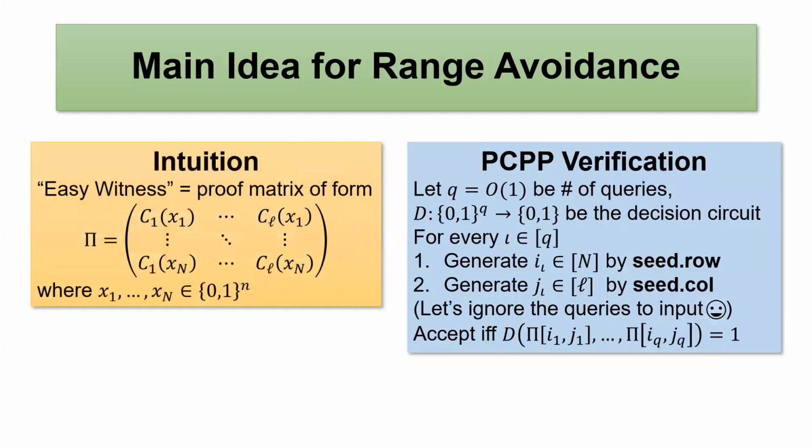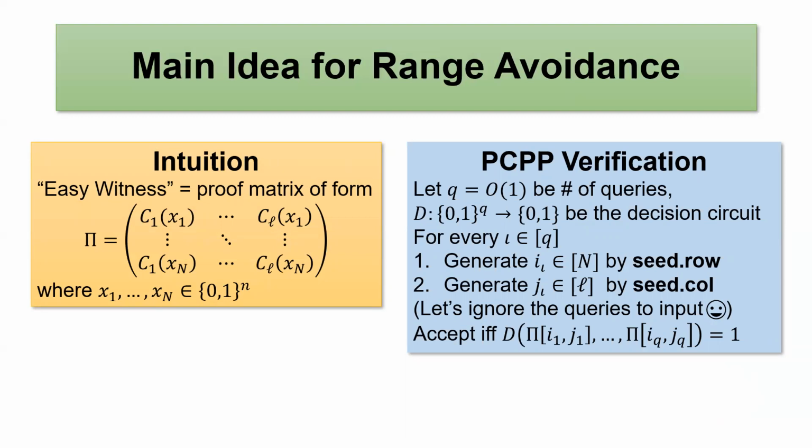Now we consider the PCPP verification. Suppose D is the decision circuit. For every query, we sample the row index I with the row seed and the column index J with the column seed. Then for an easy witness, whether a query returns 1 is equivalent to whether c_J of x_I is 1.